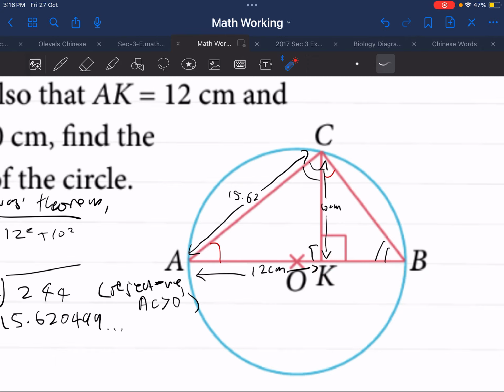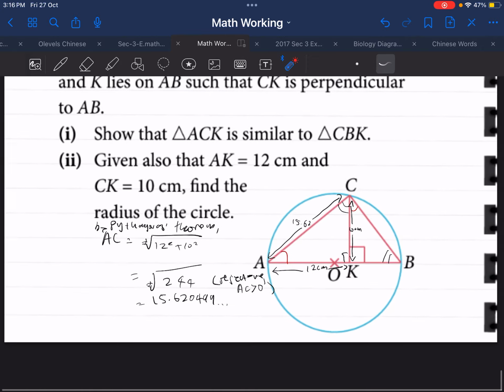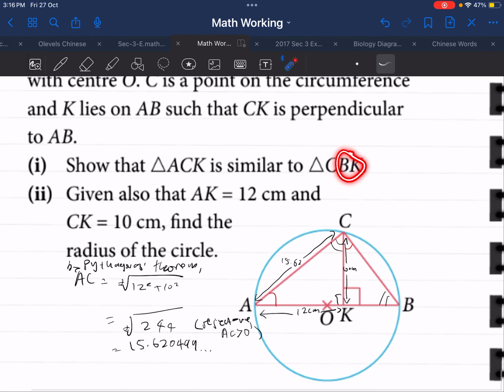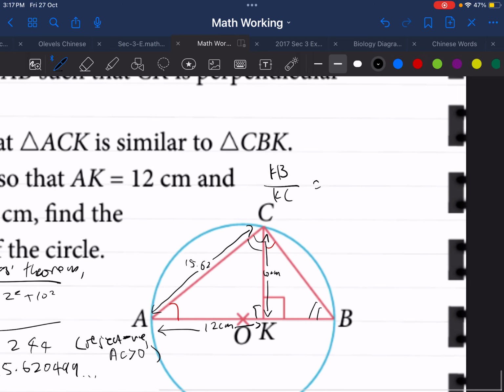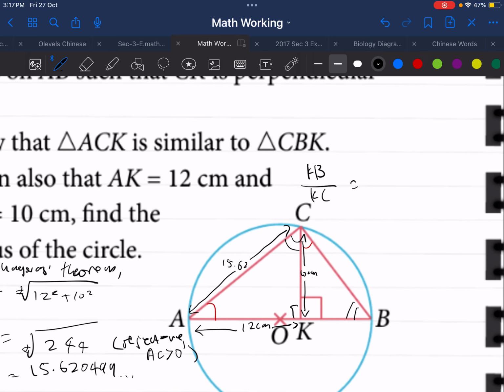So you know that KB over KC will be equal to CK over AK.